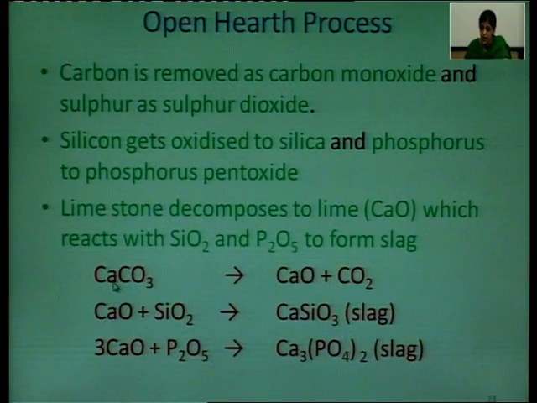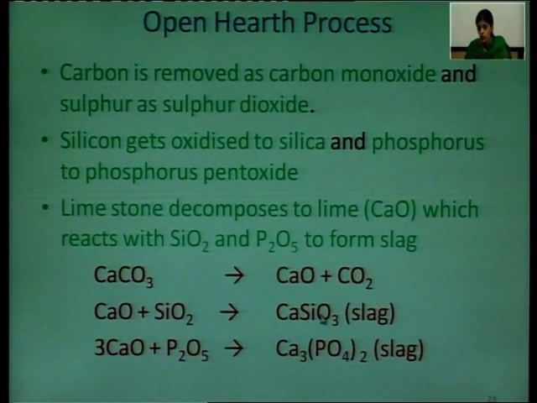We have added lime also to the charge. This is also calcium carbonate. It is converted into lime, calcium oxide plus carbon dioxide. The calcium oxide, that is lime, reacts with silicon oxide to form calcium silicate, and calcium oxide also reacts with phosphorus pentoxide to form calcium phosphate.